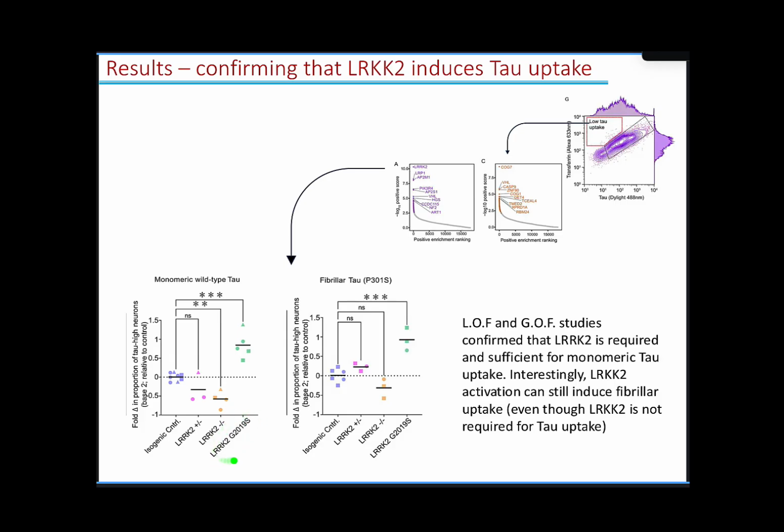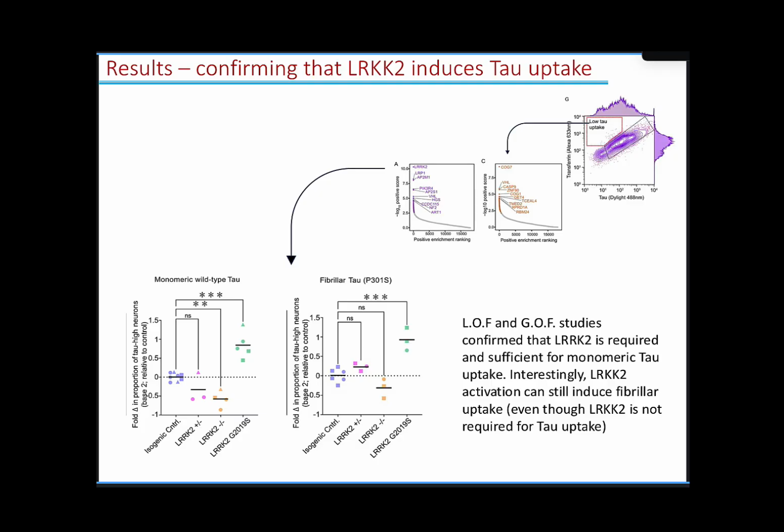And then conversely, they had cells that express a variant of LRRK2 that is constitutively active, meaning this enzyme is constantly phosphorylating its targets, right? So two approaches for inhibiting LRRK2, and one approach to activate it.